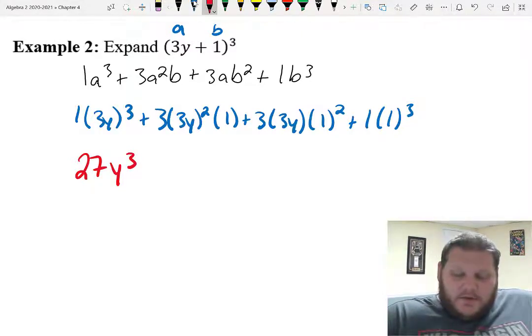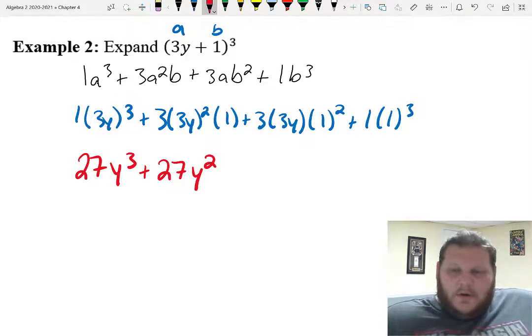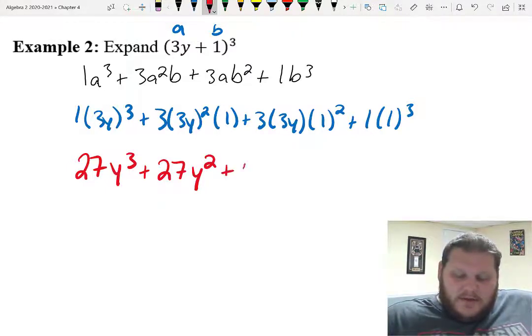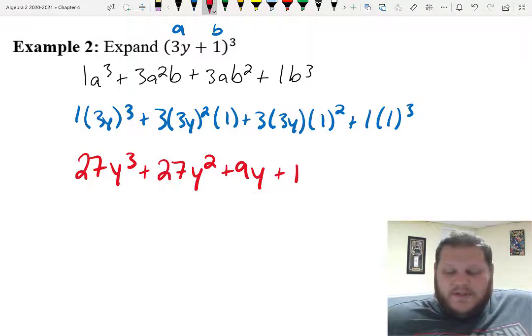For my next one, 3y squared is 9y squared, so 9 times 3 gives me another 27y squared. Then we get into simpler ones: 3 times 3 is 9y, because 1 squared is just 1, and 1 cubed is just 1. So we end up with 27y cubed plus 27y squared plus 9y plus 1.